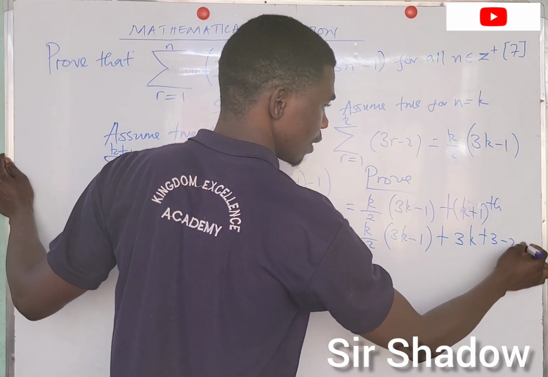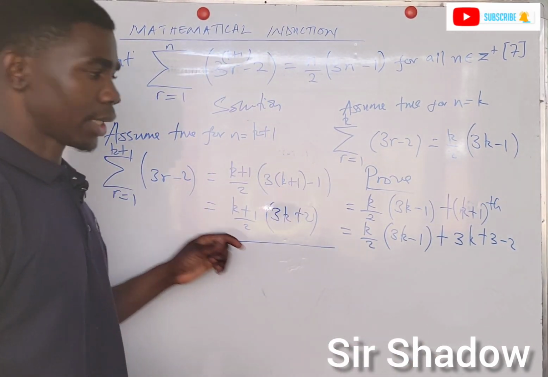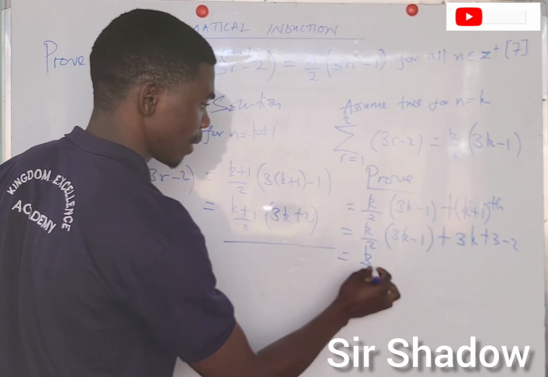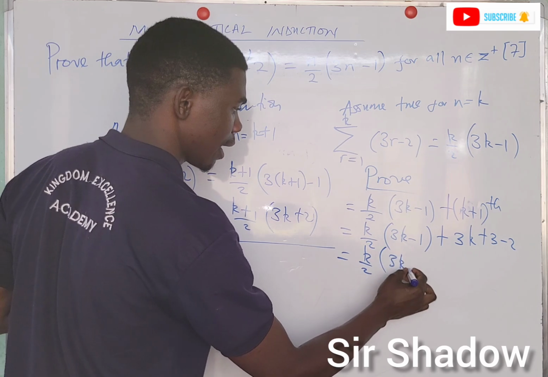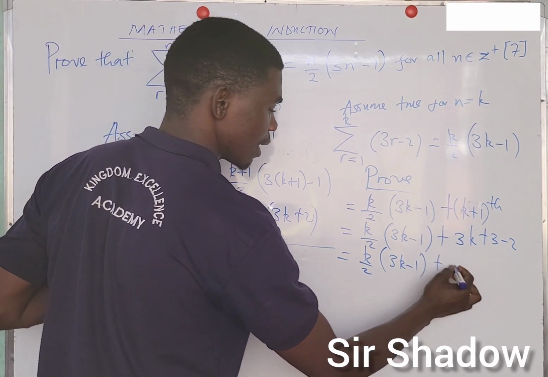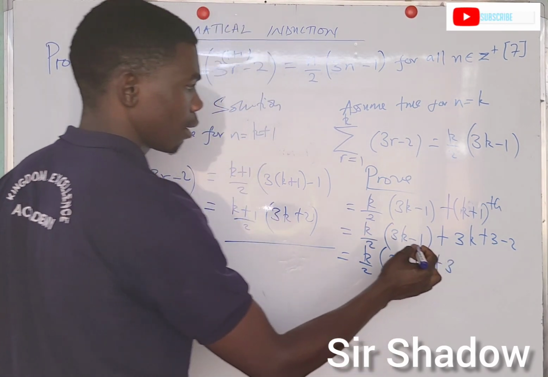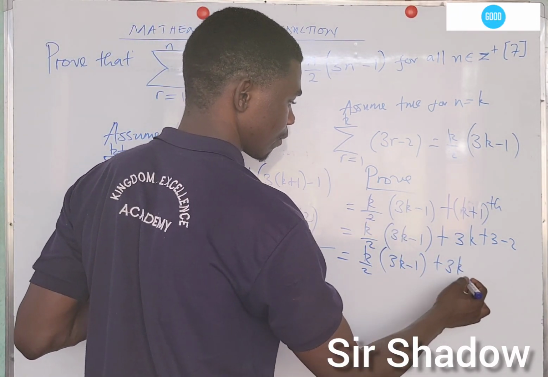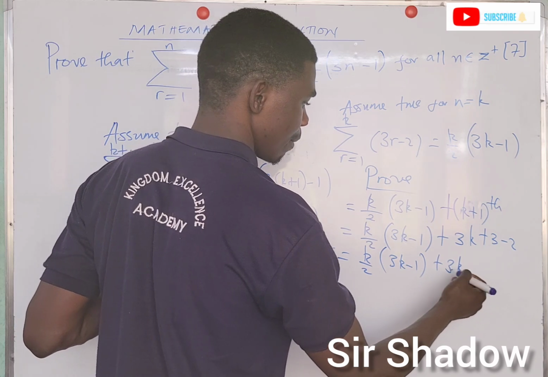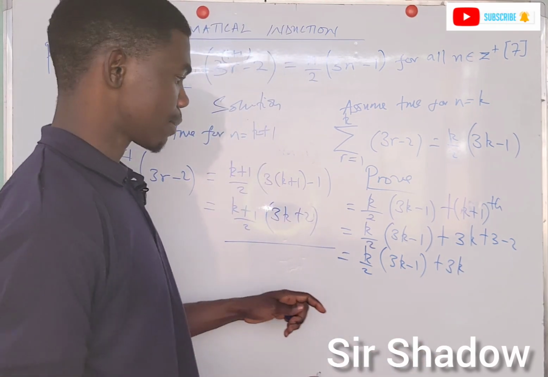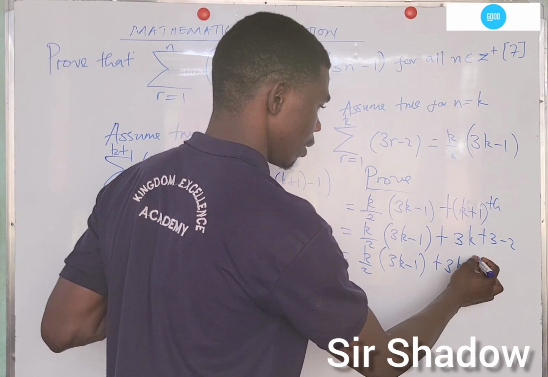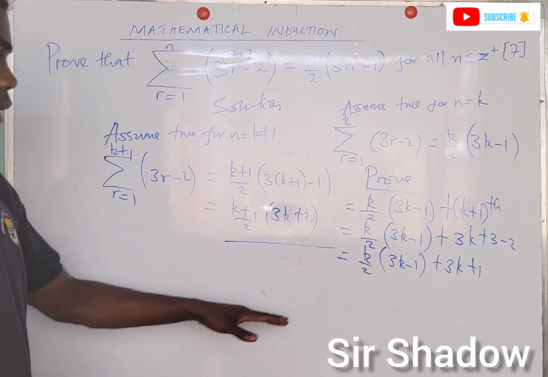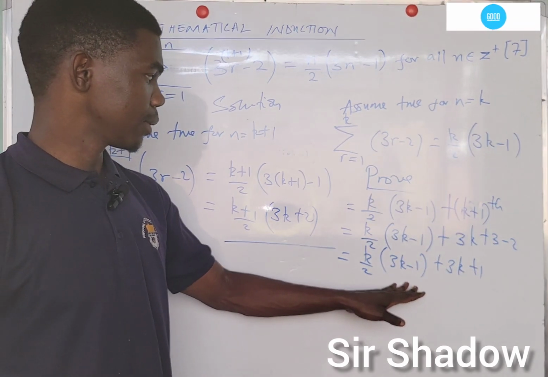Then this is equal to k over 2 multiplying 3k minus 1, plus 3k plus 3 minus 2, plus 1. Now we have this expression.